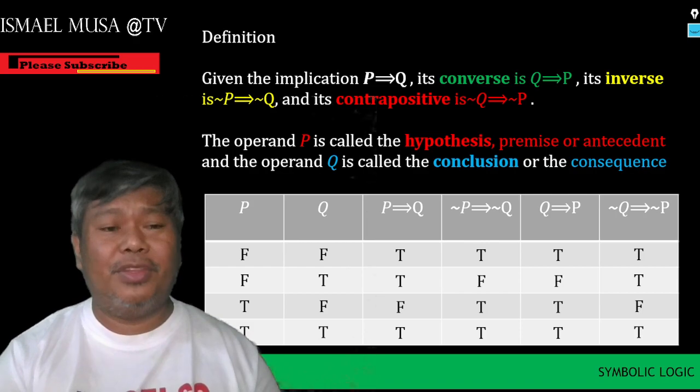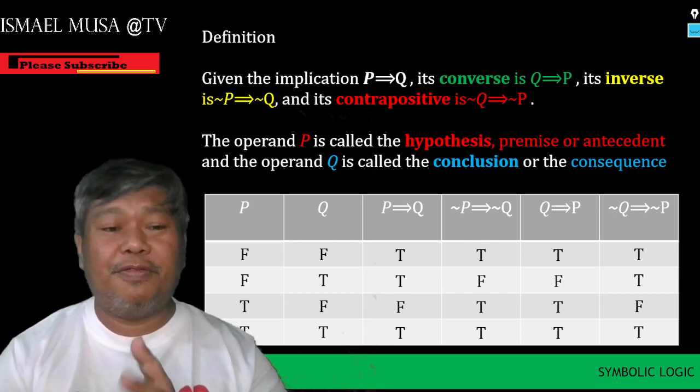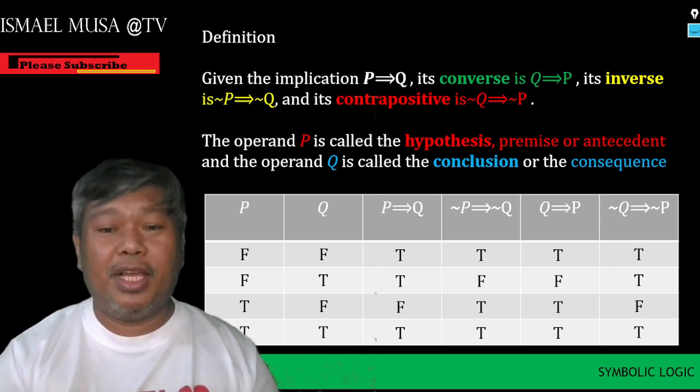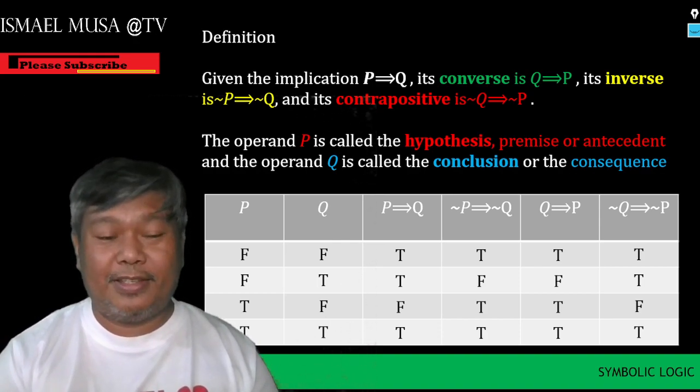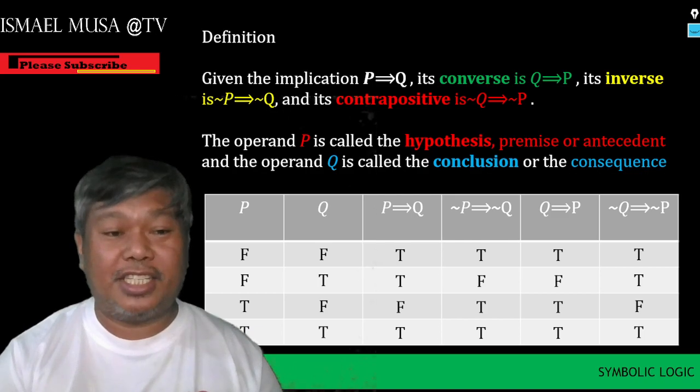When we talk of converse, we transfer. So the conclusion becomes the hypothesis. So instead of P implies Q, we say Q implies P. So that is converse.